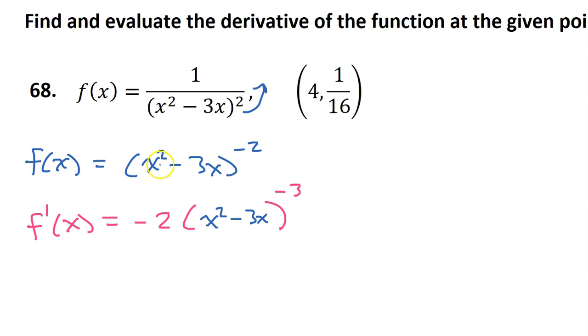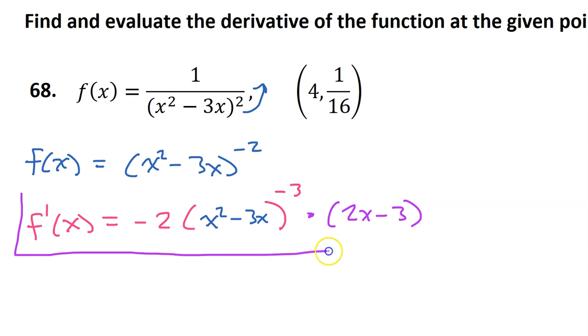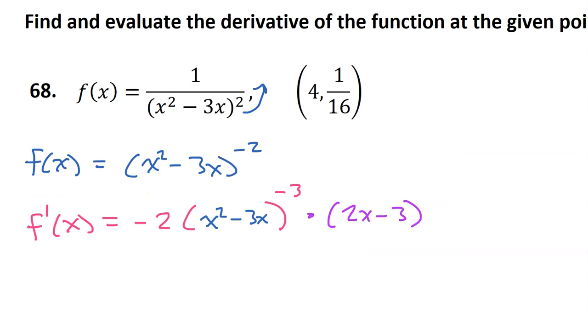So I've taken the derivative of the outer function. Now I multiply by the derivative of the inner function. So the derivative here will be 2x minus 3. And that's it. So you really could leave your answer like this if you wanted to.